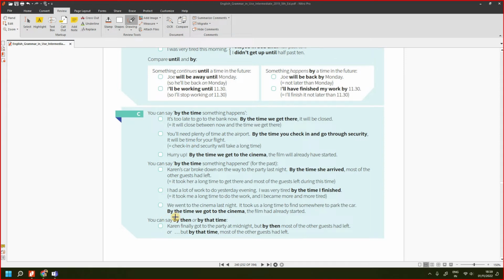See, again, there are two ways of saying it. இங்க பாருங்க, by the time we get to the cinema, the film will already have started. இங்க பாத்தீங்கன்னா have யூஸ் பண்ணியிருக்காங்க. Have started-ன்னு சொல்றாங்க. But இங்க பாத்தீங்கன்னா, by the time we got to the cinema, the film had already started. Now that means we are talking about a past instant here. But here we are talking about something that is going to happen, which is about to happen in future.